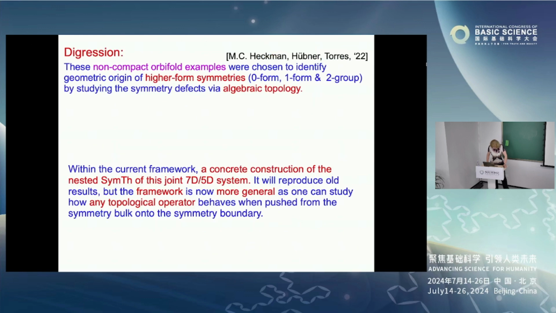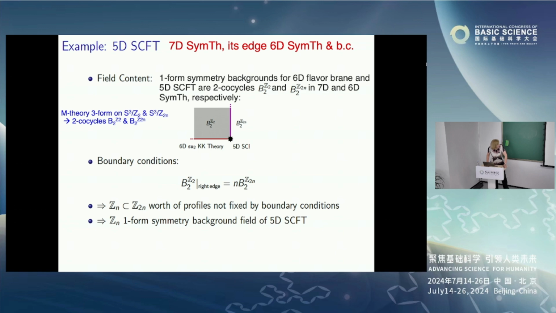So I'm going to focus in particular on how these boundary conditions, with this bulk symmetry theory and the boundary field theory of this defect, are intertwined and actually determine what the allowed true symmetries of this conformal field theory are. There's more to the story, but let me focus just on one-form symmetry backgrounds in this context.